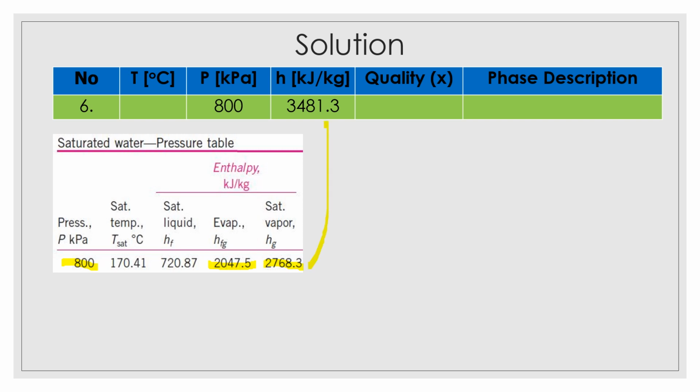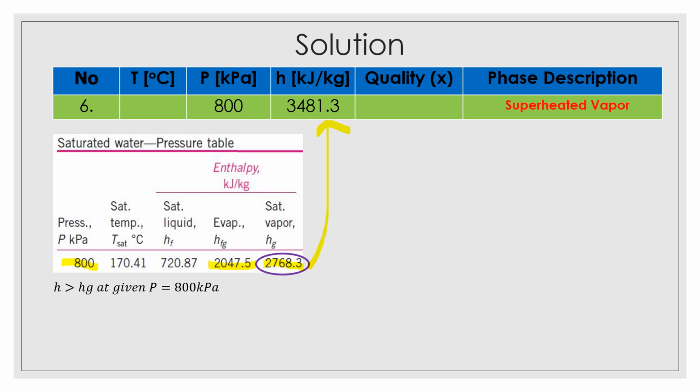We compare with the H from the question, and we found that the H from the question is greater than the Hg value at 800 kilopascal. So we can conclude that the phase or region for this condition is superheated vapor.